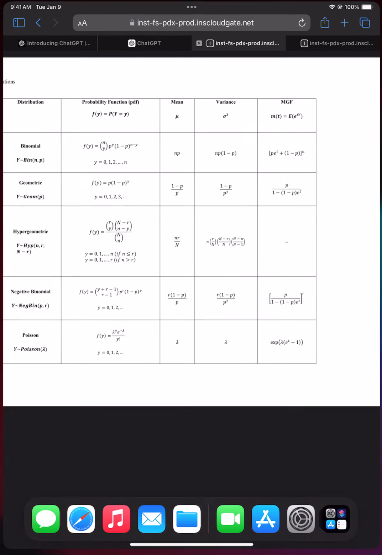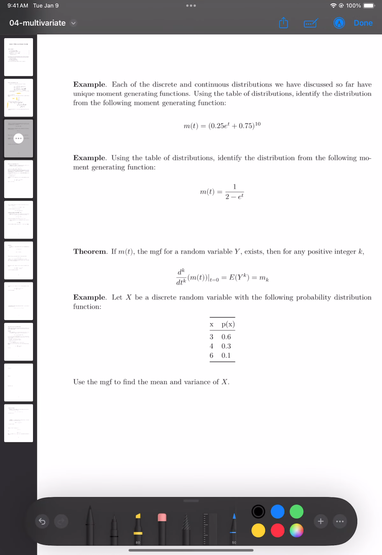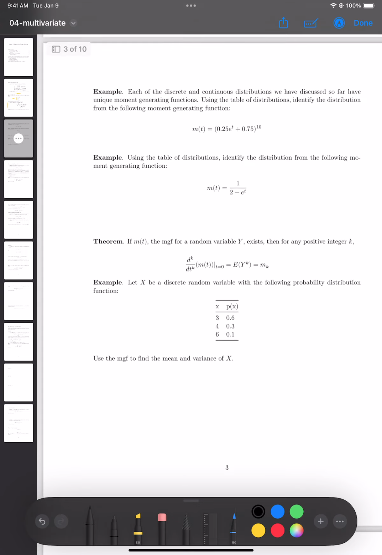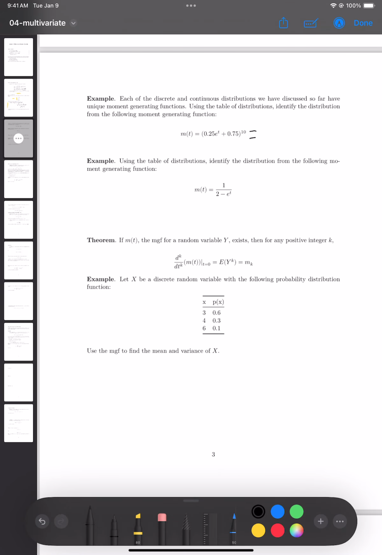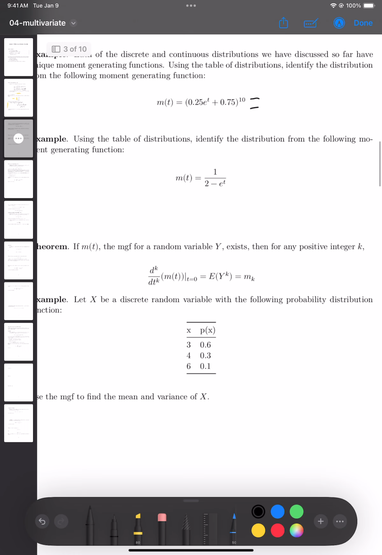To make that more clear, I am going to do a quick rewrite of this and say that it is equal to 0.25 e to the t plus 1 minus 0.25, all of that raised to the 10th power. That makes it more clear that this is the MGF for a binomial random variable with n equal to 10, p equal to 0.25.